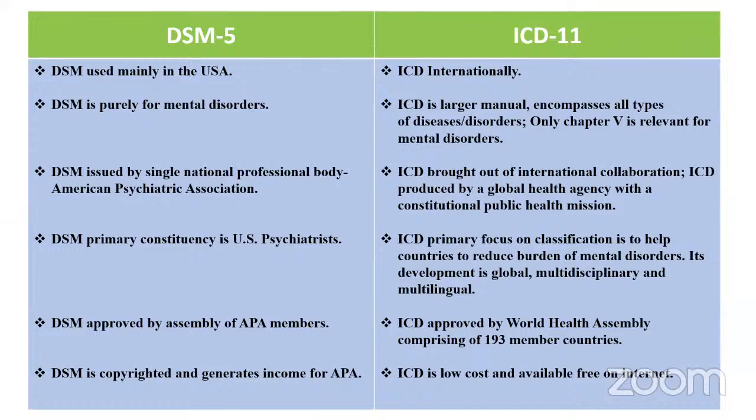DSM is primarily used by US psychiatrists. ICD is used globally, and its primary focus is on classification to help countries reduce the burden of mental disorders. Its development is global, multidisciplinary, and multilingual. So ICD is published in all the languages, not just English.